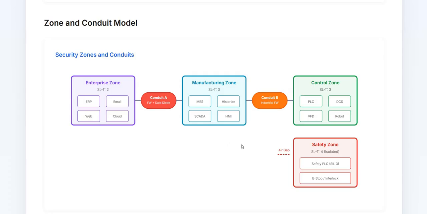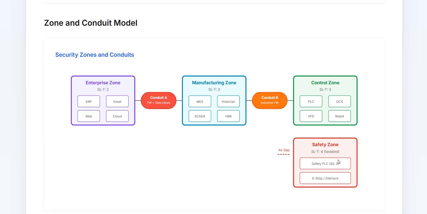And between these zones sits a conduit. A conduit is not a cable, it's a controlled pathway. Firewalls and data diodes live here to enforce direction and rules. And going deeper, you enter the control zone. Controllers, drives, and robots live here, and the tolerance for interference drops sharply.